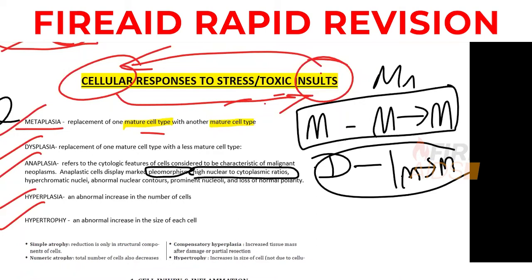And then hyperchromatic nuclei, abnormal nuclear contour, prominent nuclei, and loss of normal polarity. I want you to note down these three words: pleomorphism, high nuclear to cytoplasmic ratio, and loss of normal polarity. These are three words I want you to note from anaplasia.